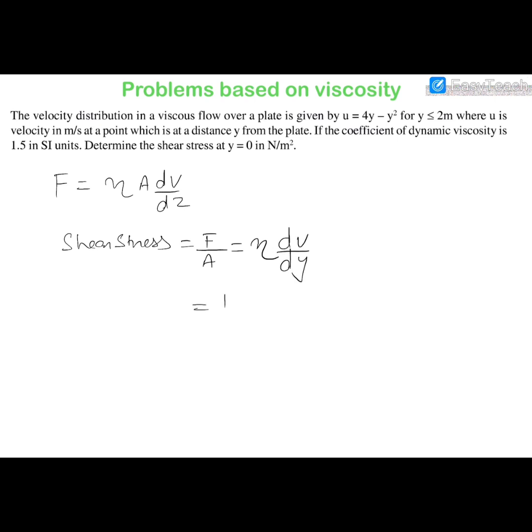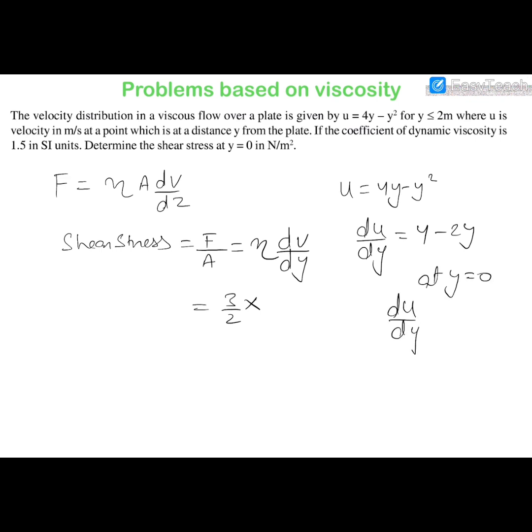So eta is 1.5, which is 3 by 2, and for u equal to 4y minus y square, du by dy is 4 minus 2y, and at y is equal to 0, du by dy is 4. So the shear stress will be 6 Newton per meter square. So the correct answer is 6.